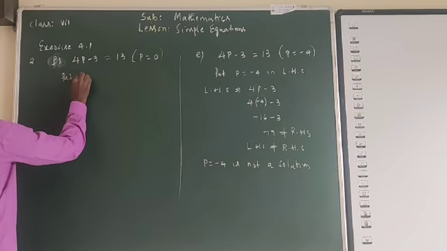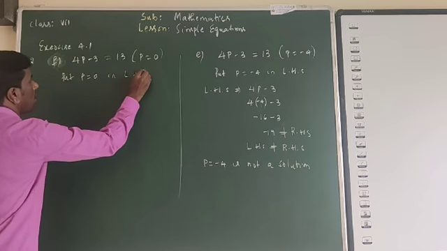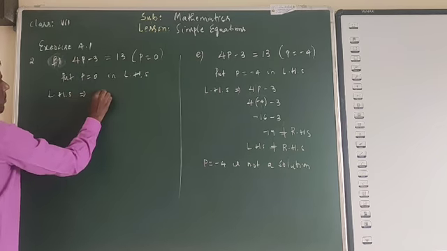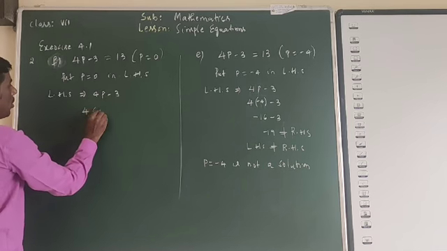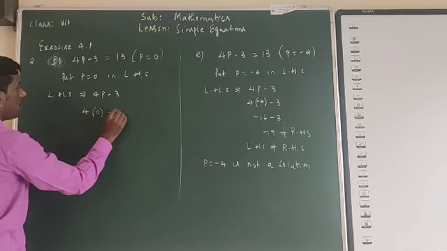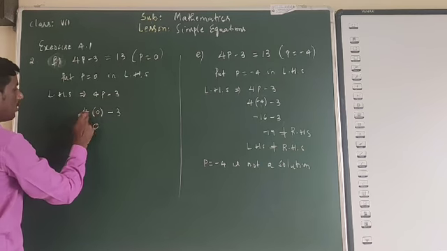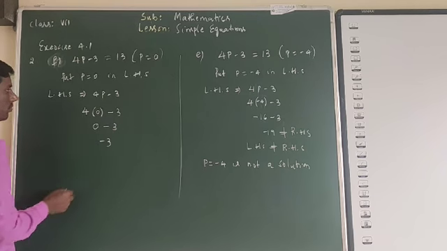P is equal to 0 in LHS. LHS implies 4p minus 3. So p value is 0, that is 4 into 0 minus 3. 4 into 0 will become 0, since 0 multiplied by anything is 0, minus 3. So 0 minus 3 is minus 3.